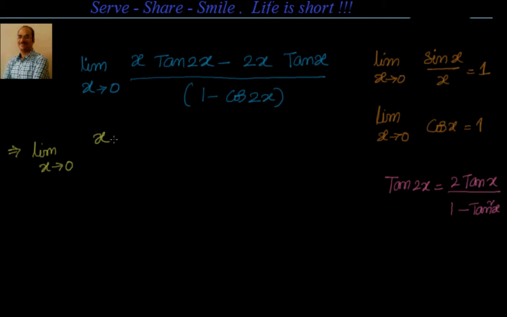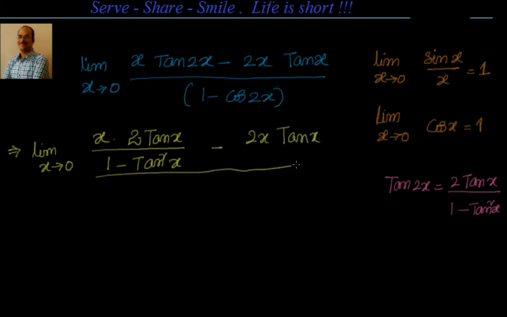So the limit is x as it is, times tan 2x, which is 2 tan x by 1 minus tan square x, minus 2x tan x, whole thing divided by (1 minus cos 2x) whole square. And 1 minus cos 2x can be written as 2 sin square x, whole square.